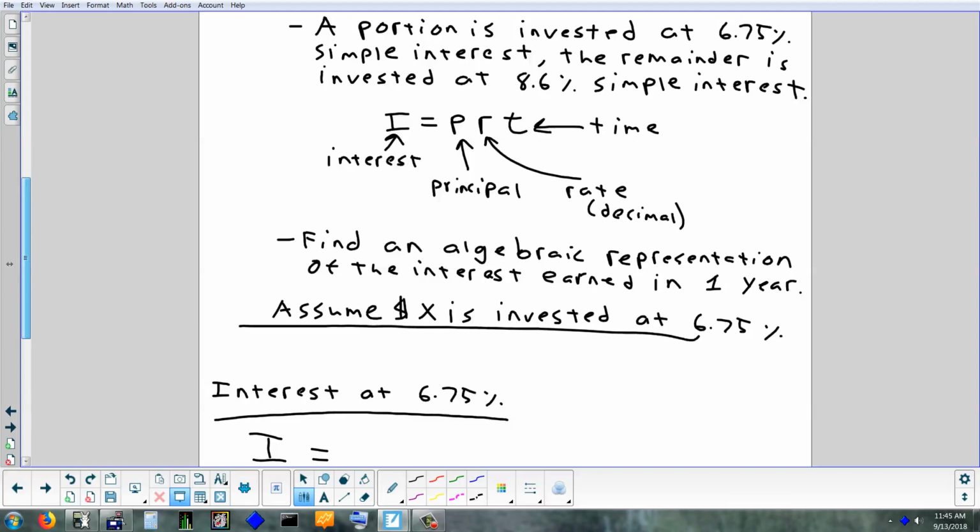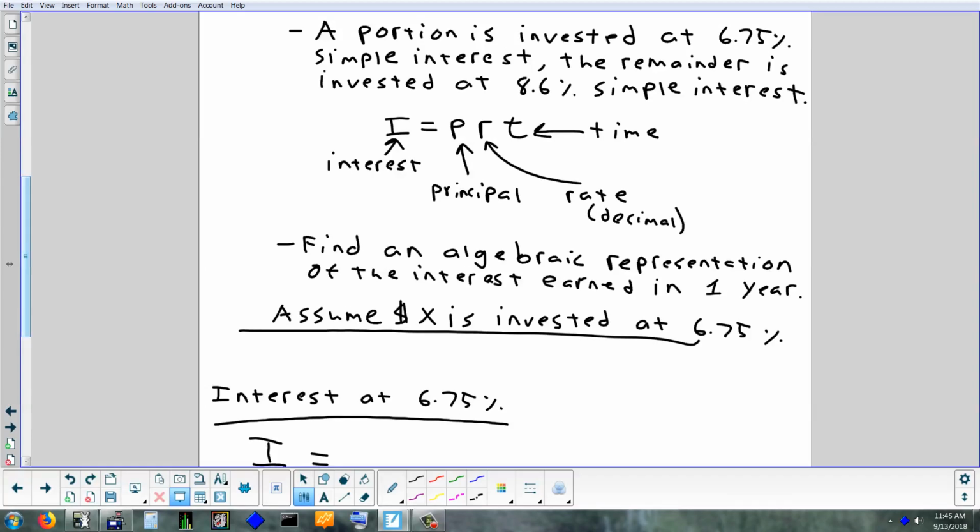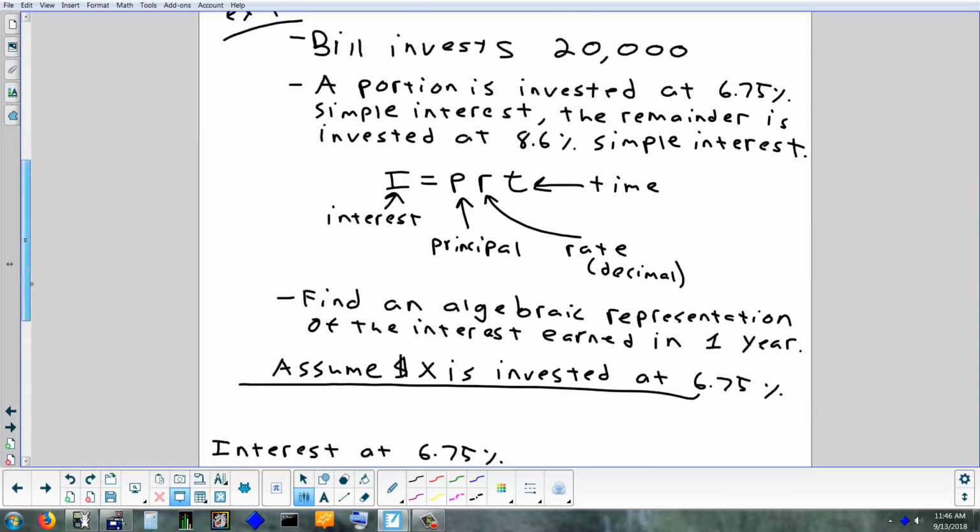He's investing X dollars at 6.75. So the problem tells you, assume that Bill invests X dollars at 6.75. We don't know what X is, but that's how it's represented.